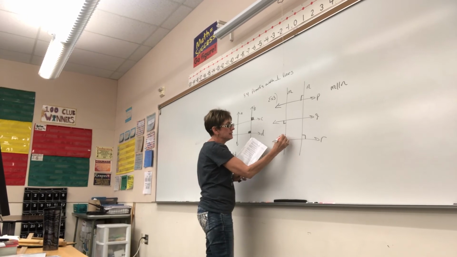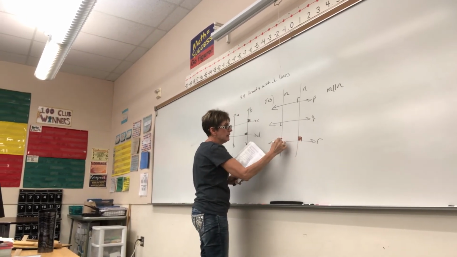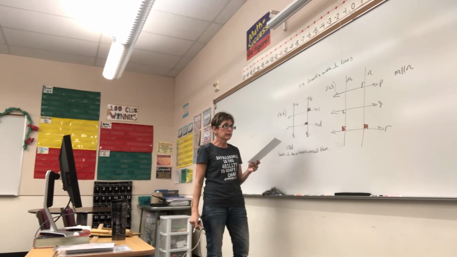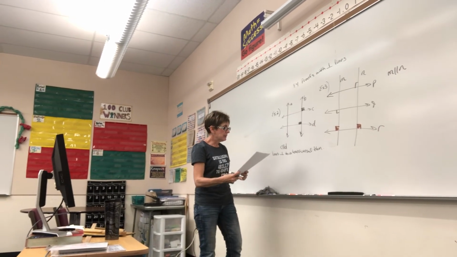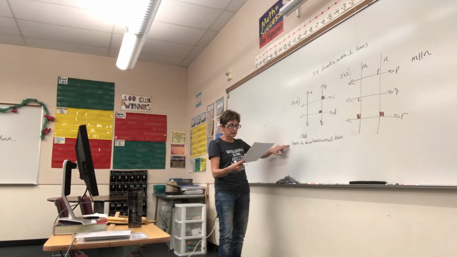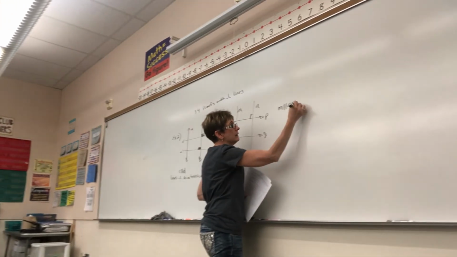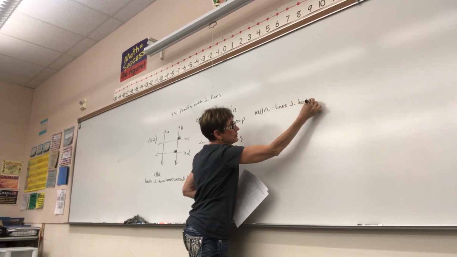If you look at this box right here and this box right here, M and N are both perpendicular to R, so they must be parallel to each other. So that would be the theorem that we just learned. Lines perpendicular to a transversal. So let's write that here. Lines perpendicular to transversal.